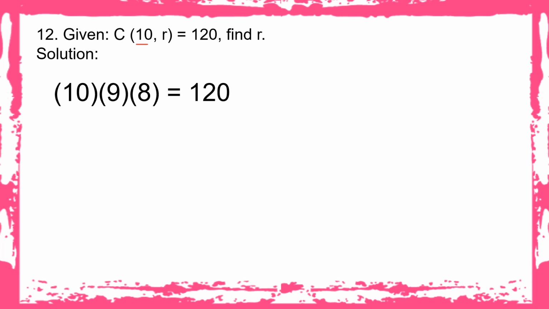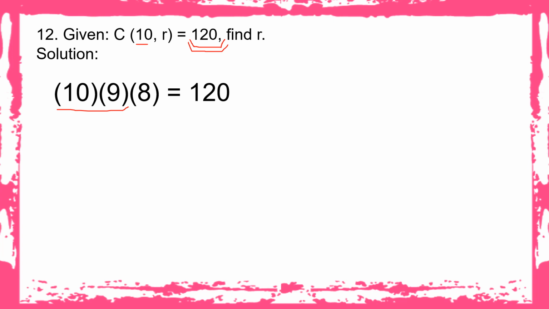By multiplying 10 times 9, the answer is 90. Our combination is 120. So we need to find the consecutive factors, or consecutive numbers, whose product is greater than the combination, which is 120. 10 times 9 is only 90.